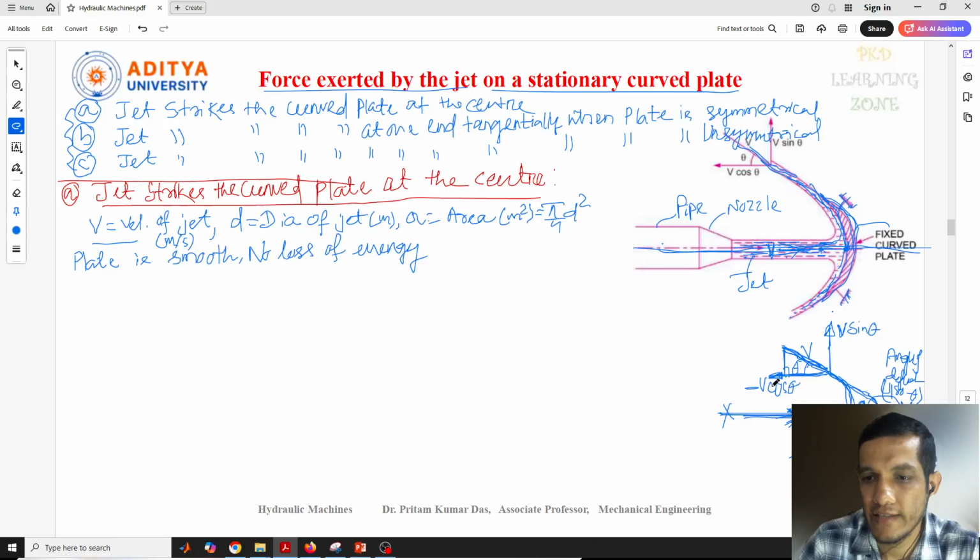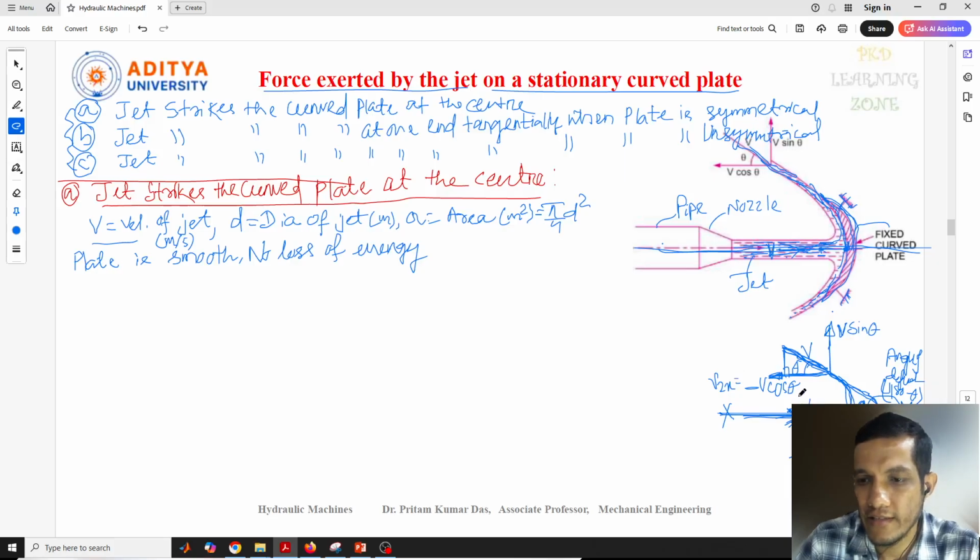This is in the x direction and this is in the y direction. The initial component of velocity at the inlet condition is V1x, and the final component of velocity in the x direction is V2x.